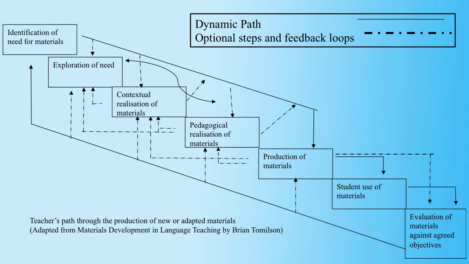This has been described in the figure: identification of a need for materials development, exploration of the need, contextual realization of the materials, pedagogical realization of the materials, production of materials, students' use of materials, and evaluation of the materials against the agreed objectives. This diagram presents a dynamic method of developing materials by accepting a feedback loop which feeds into the designing of the material and then their subsequent impact.